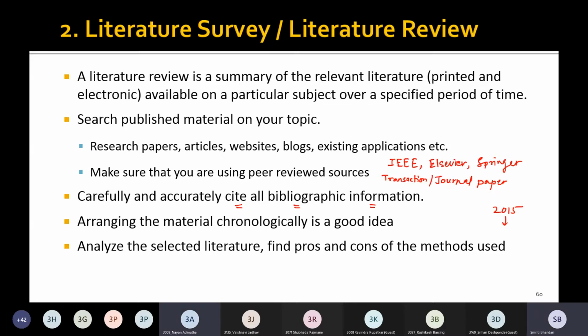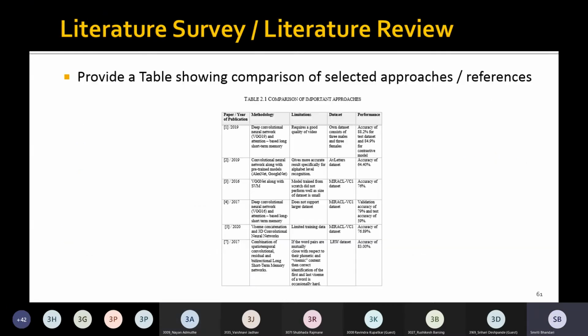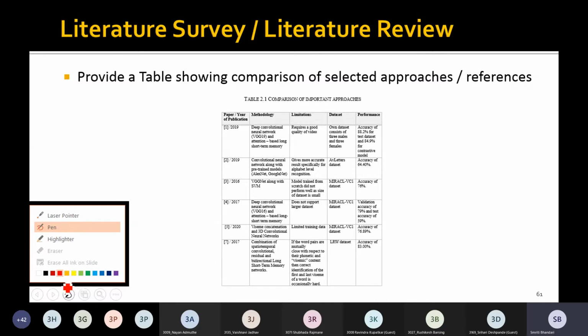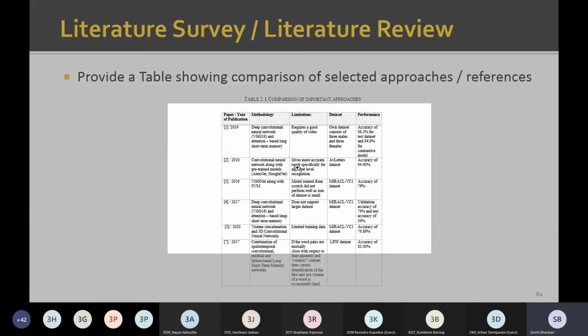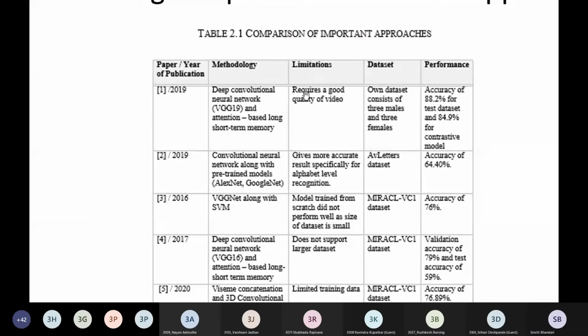Yes, ma'am. Right. Now, as I stated earlier and as we exercised in our tutorial session also, we should provide a table showing the comparison of selected approaches or references. So see here, this is how we can prepare a table that compares the important approaches.